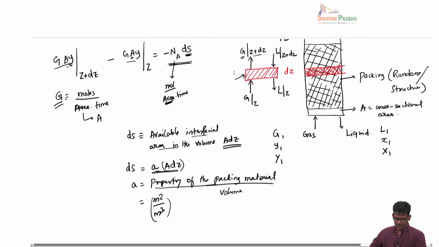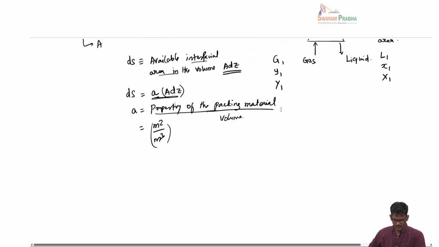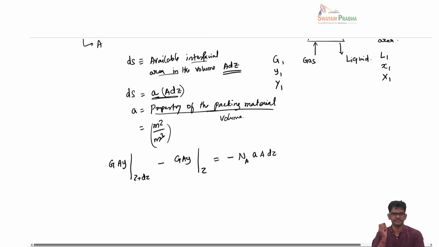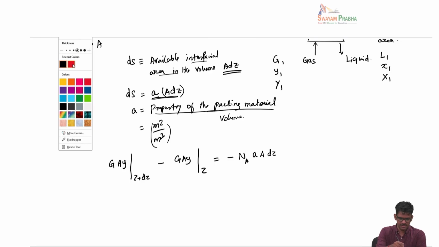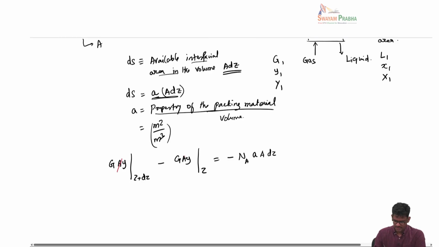Okay, so we will now substitute this expression. So we have G A Y at z plus delta z, minus G A Y at z, equals minus N A small a capital A dz. Now I can cancel all the areas that are common here.